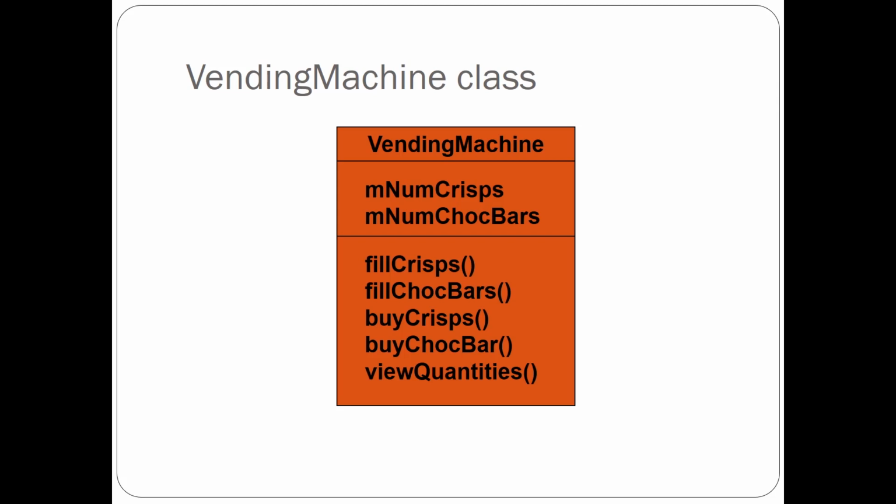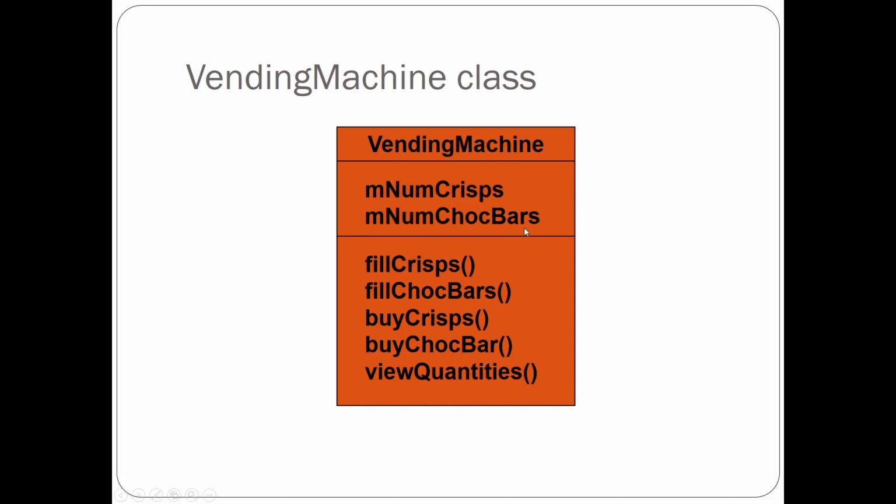And this is the UML that I've come up with. This is the one that's going to have an example built for it. And we've got our vending machine class. It only has 2 instance variables, which are mNumCrisps and mNumChocolateBars.